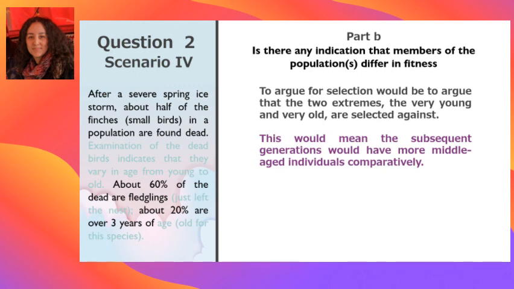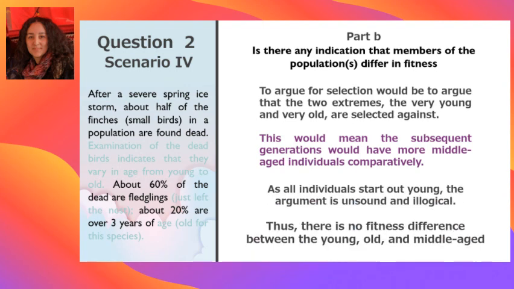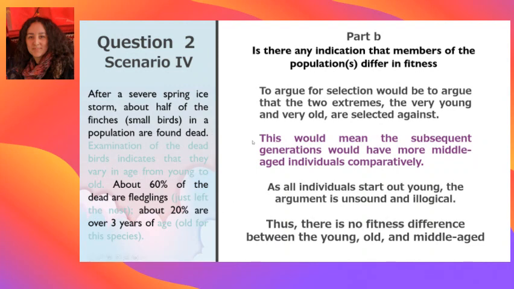This would mean that subsequent generations would have more middle-aged individuals, because fitness again is linked to genetic makeup here. As all individuals start out young, this argument is unsound and illogical. Thus, there's no fitness difference between the young, old, and middle-aged individuals. This whole scenario has no basis.